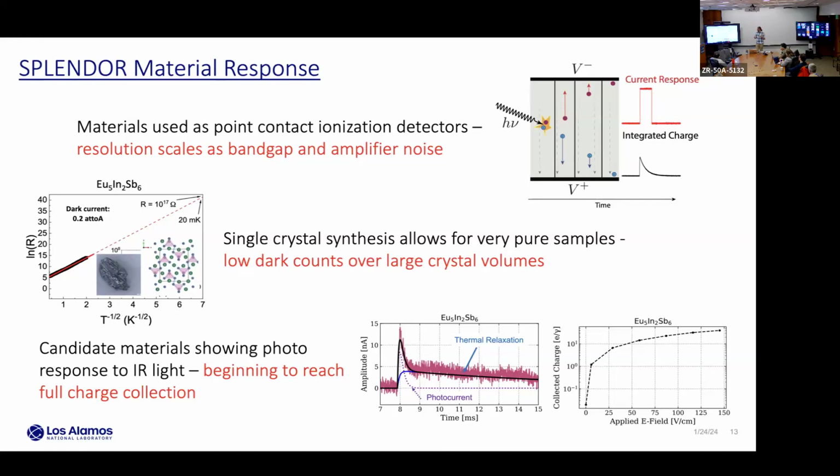So when you apply an electric field, it's very easy to thermally excite these impurity states, or you get a lot of charge trapping because you don't have very long mean free paths of your charge. So they don't make great detectors when you're trying to measure very rare events. So our samples are all single crystal growth. One detector is one giant pure crystal. I mean, obviously we're still working on impurities.